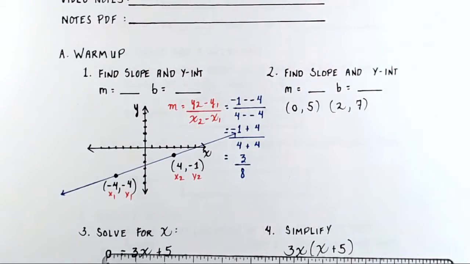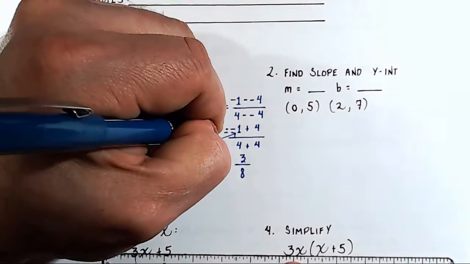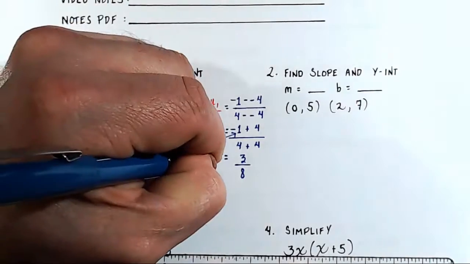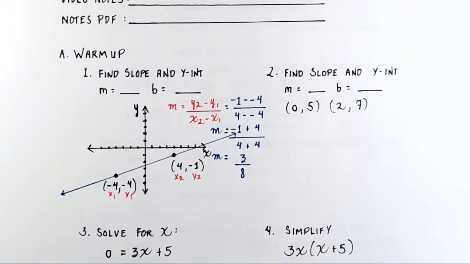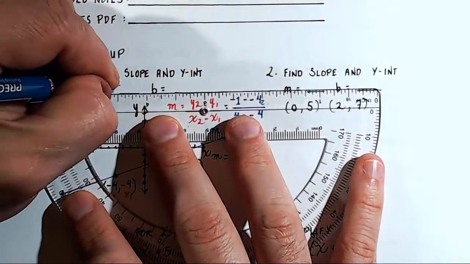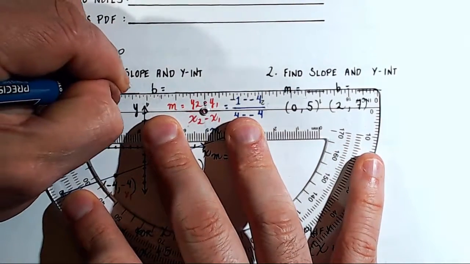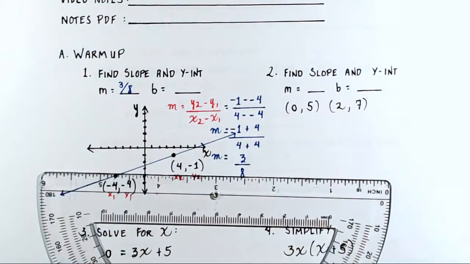So that is the slope, okay? That's m. Okay, so m equals 3 over 8. We'll put that here. M equals 3 over 8. So the rise is 3 and the run is 8.